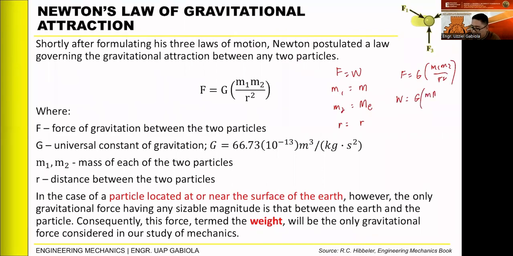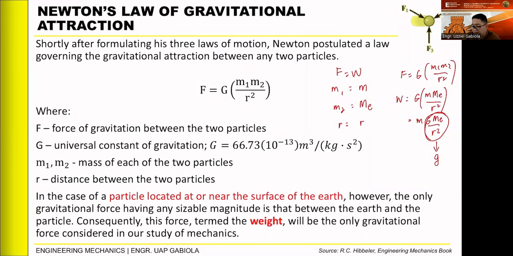Looking at the notation here, this quantity G M_E over R squared, we let it be a small g to represent the gravity of the Earth at sea level and 45 degrees latitude.